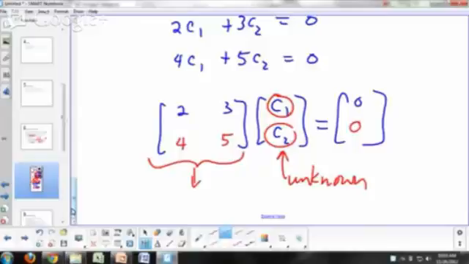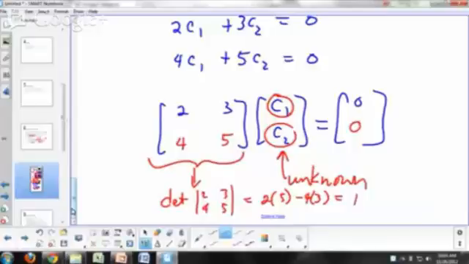What we're saying is, for there to be what's called a non-trivial solution to this, the determinant of, in this case, 2, 3, 4, 5, what's that determinant equal to? 2 times 5 minus 4 times 3. So 10 minus 12 is negative 2.